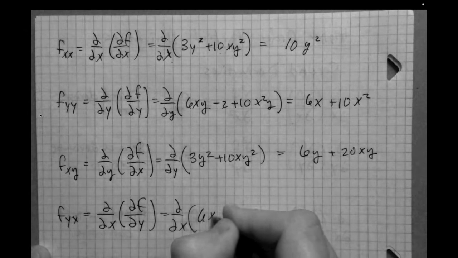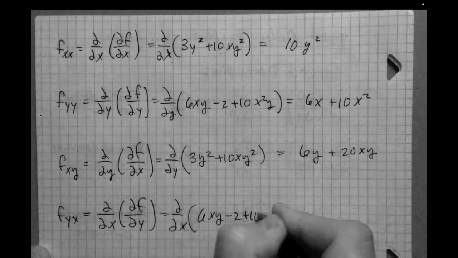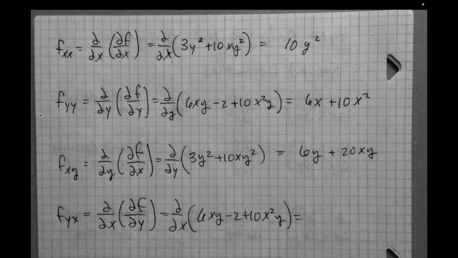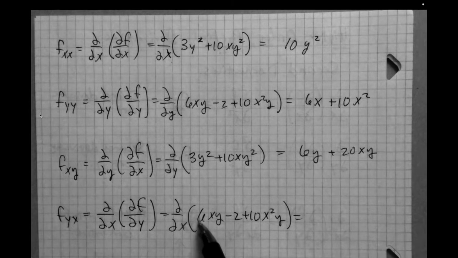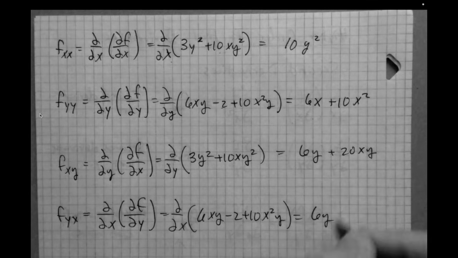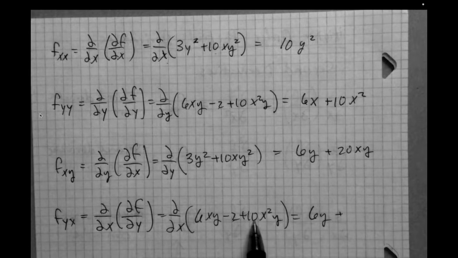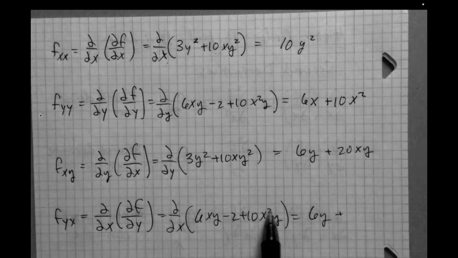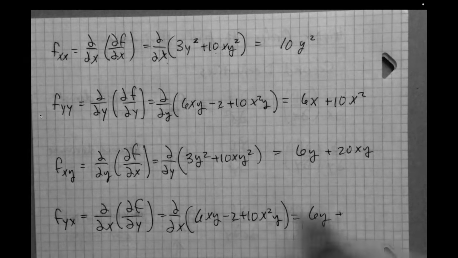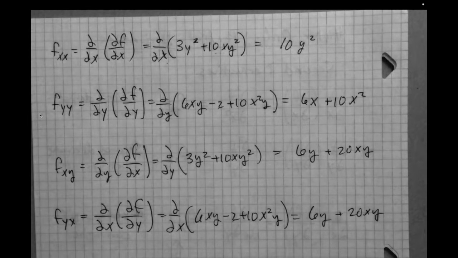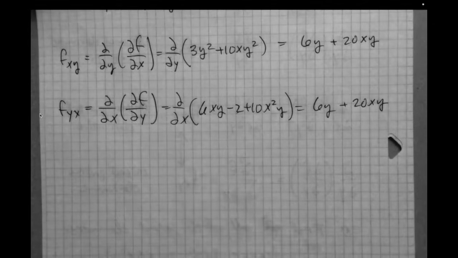That would be 6xy minus 2 plus 10x squared y. And we differentiate this with respect to x. Here we're going to get a 6y. This middle term is a constant, so it drops out to 0. And then over here, we'll drop the power on x down by 1 and multiply the coefficient by 2. So this will be 20xy. Excellent.